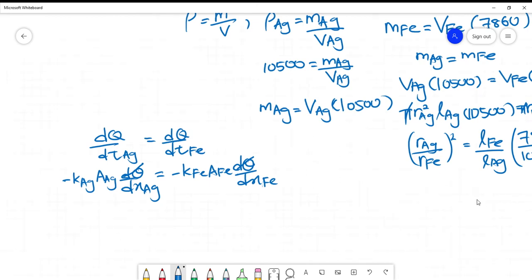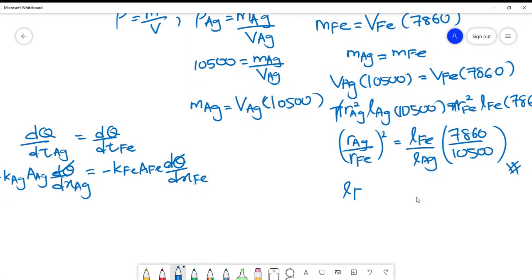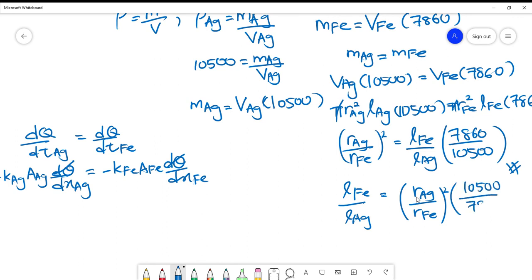So what I can do is express Fe over L over Ag in terms of this ratio, A_g R_Fe square times 10500 divided by 7860.